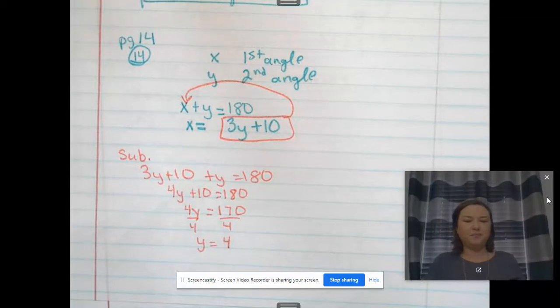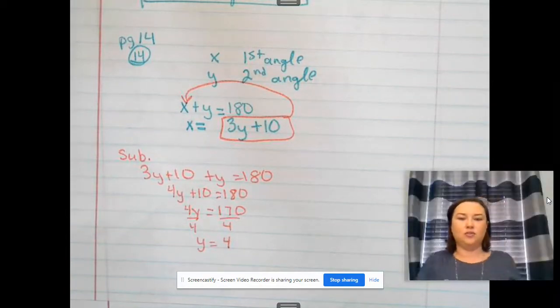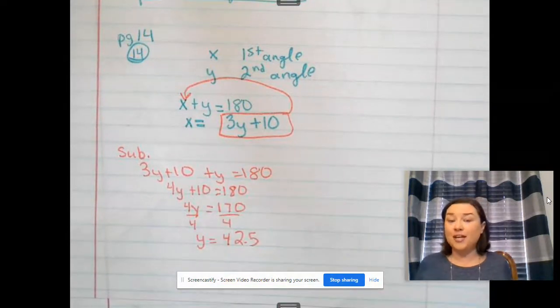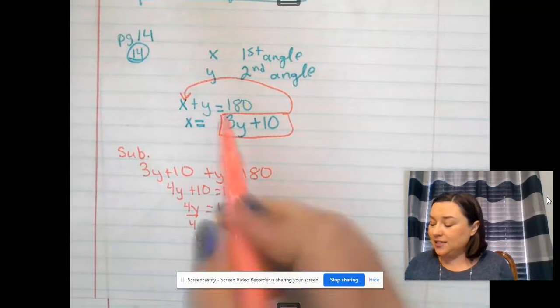That's good. I'm going to get out my calculator, and it says 170 divided by 4 is 42.5. So that's y.